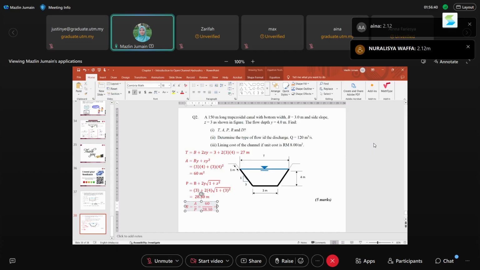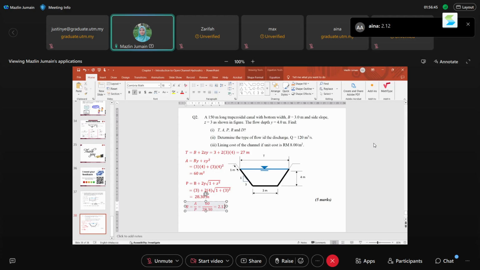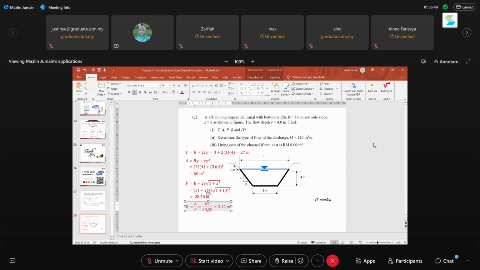So the answer, okay, betul, 2.12 meter. Okay. Oh, semua dah hebat-hebat lah. So boleh dapat full mark untuk test 1 lah nanti.